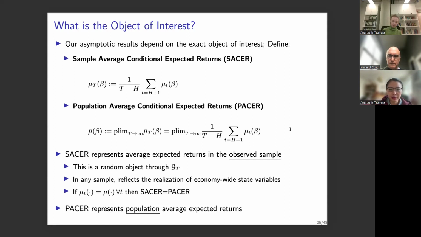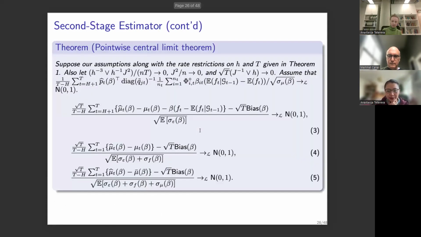PACER represents the population average expected return, which is the probability limit of this average of mu t. In the central limit theorem, the asymptotics of CASR and PACER are definitely different, because if you center at the conditional average, you get less variance. If you center at the long-run mean, you get a larger variance.